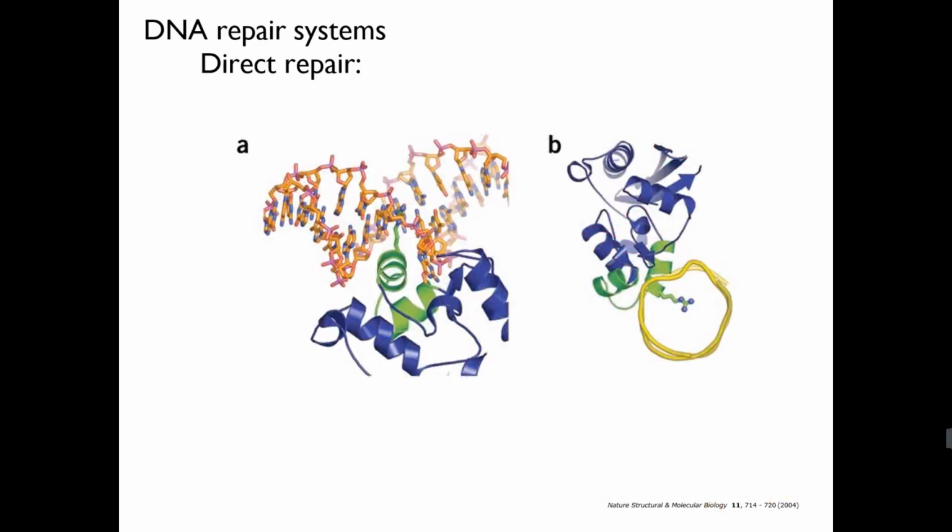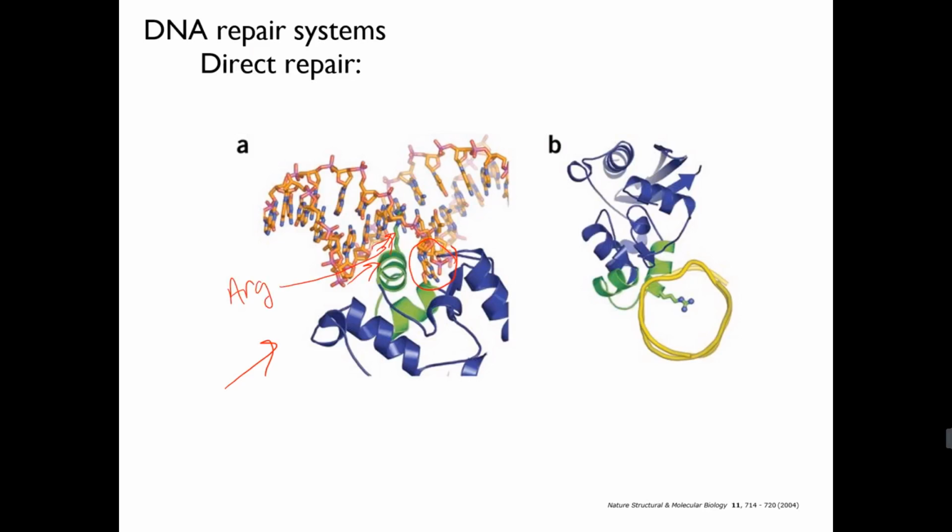Here's a couple of other views of the same thing. This is a side view, and you can see this interdigitation and the base actually flipping out. Okay, so here is that arginine residue right in here that's poking into the helix.